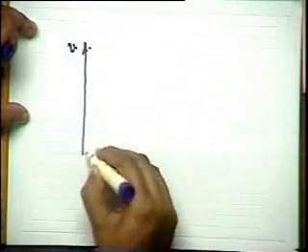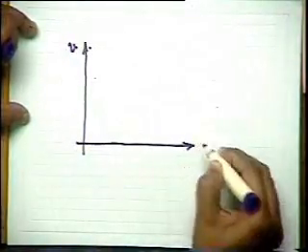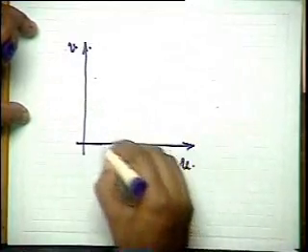Now let me take another interesting transfer function. I take the V axis over here, and the U axis over here.